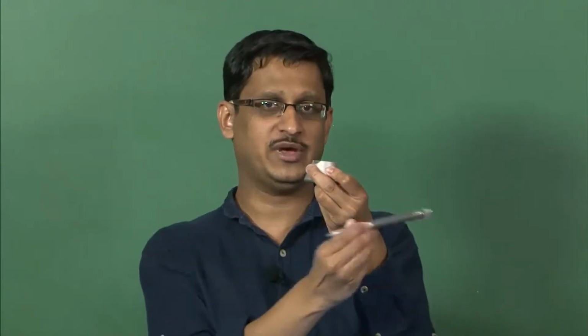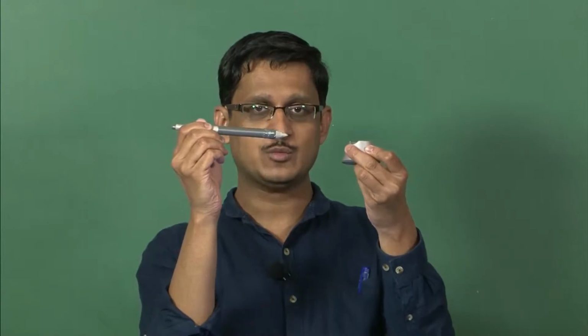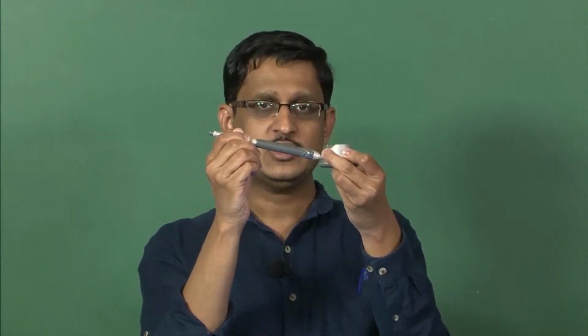Whether I have a pen here or not does not matter, the holder has a certain field of influence, and if I slowly bring in this particular mass here, then these two masses will attract each other. Since Coulomb's law was essentially the same as Newton's law, people started applying the idea of field of influence to charges as well.